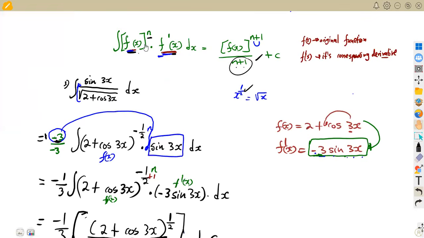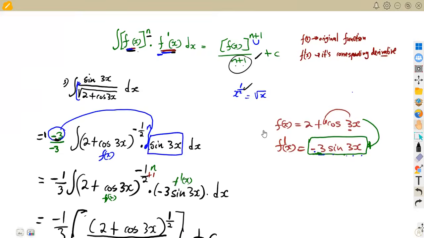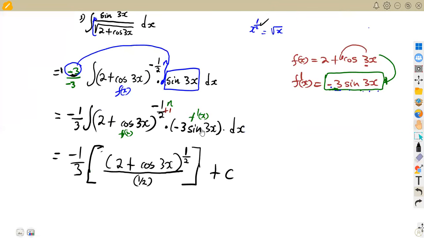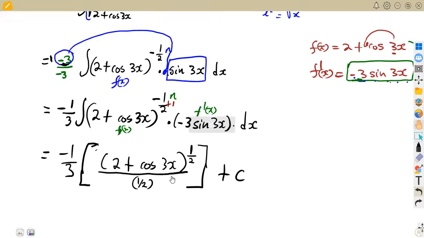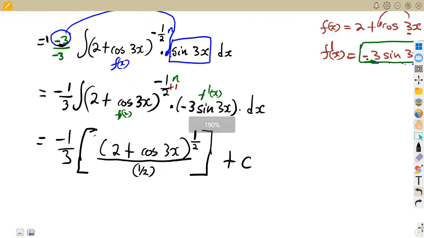As long as this integral is written like this, that f of x here gives you f prime x, it will be raised to a certain exponent. That's how we can apply this. But we can simplify further our final answer here. That will be, if we divide on our calculator, 1 divided by this half here.